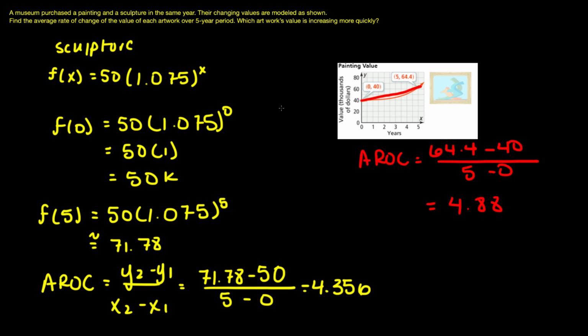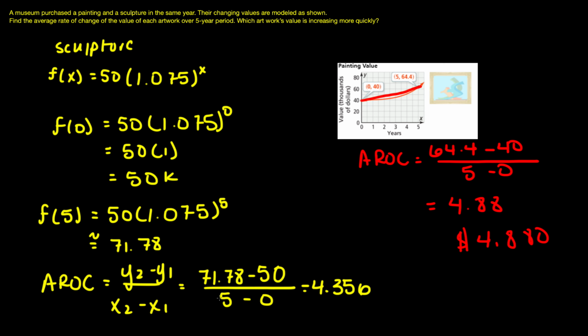All right, so in this case, our sculpture's value is increasing by $4,356. Remember, because this is 4,000 and then this would be $356, while the value of the painting is increasing at 4,880.